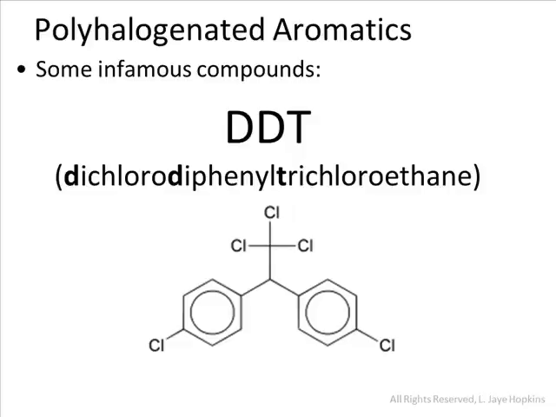It was synthesized for the first time in 1874, but its use as an insecticide, something that kills insects, wasn't discovered until 1939. It was immediately put into use in Europe during World War II to kill off insects that could be carrying infectious disease, especially diseases like typhus. And for that reason, DDT was credited with saving tens of thousands of lives, both soldiers and civilians.